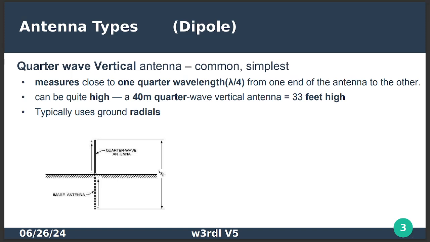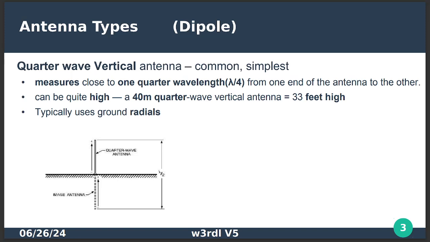This is a type of dipole, even though it's only a quarter wave, in that you actually have a physical antenna and the other quarter wave is an image from the ground. So you're usually going to be using ground radials, or in the case of a quarter wave antenna on your car, it uses the body of the car for the ground reflection to provide the other quarter wavelength for it to work.